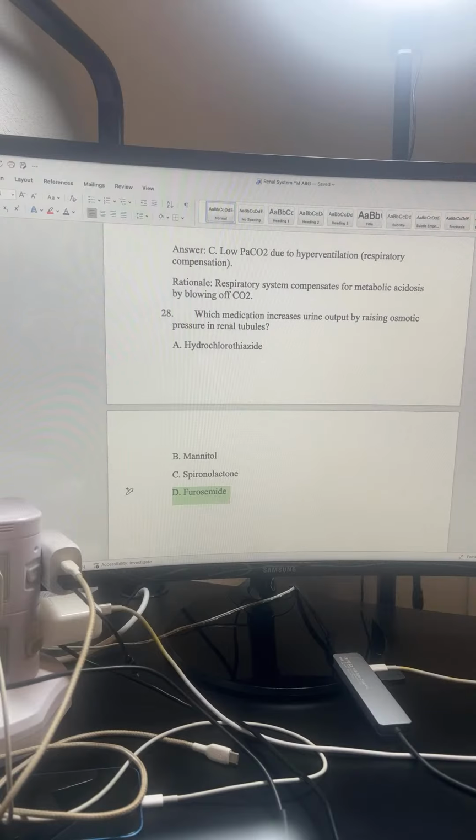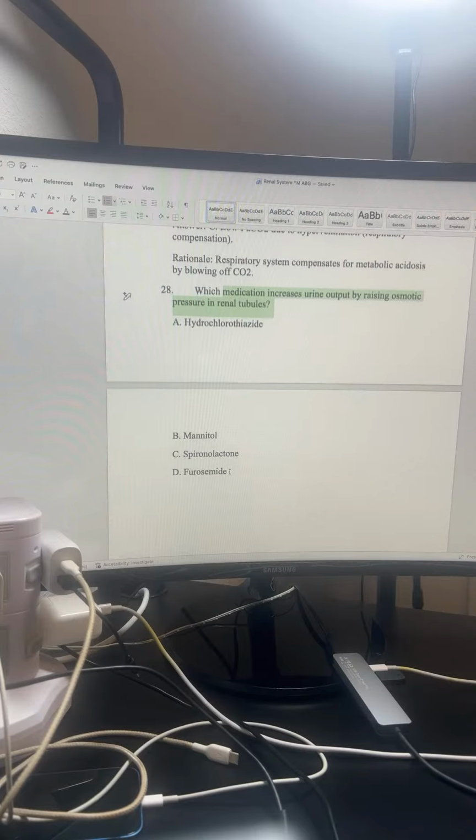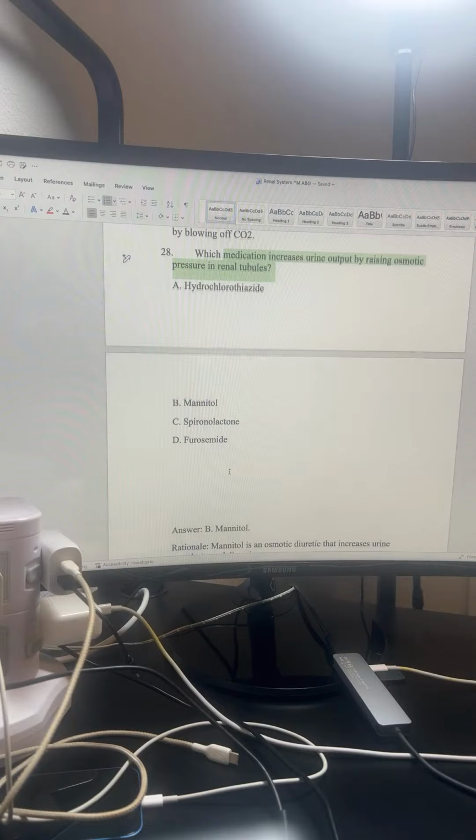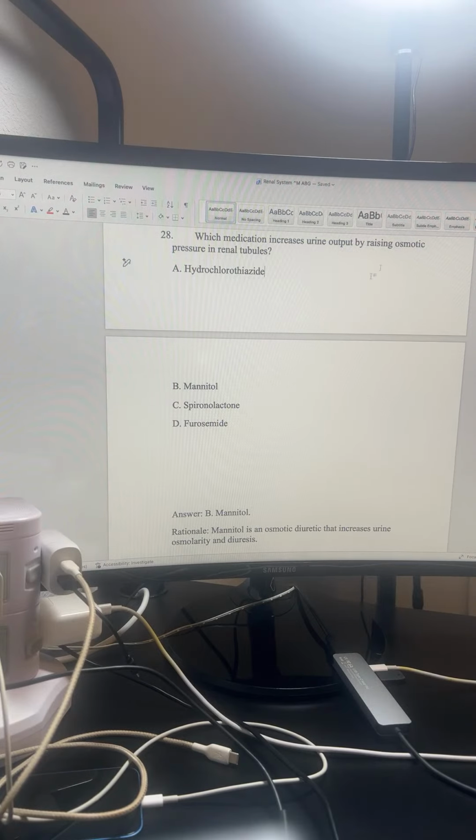So remember, which medication increases renal output by raising osmotic pressure in the renal tubules? Your mannitol. Your osmotic pressure here. So try to remember the medication. Look at it and see, okay, what class of medication?